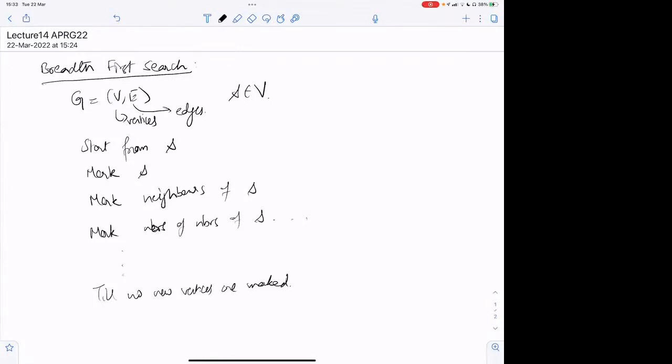And you want to do this in a way so that you do not mark the neighbors of a vertex more than once. Correct. So how do we do that?